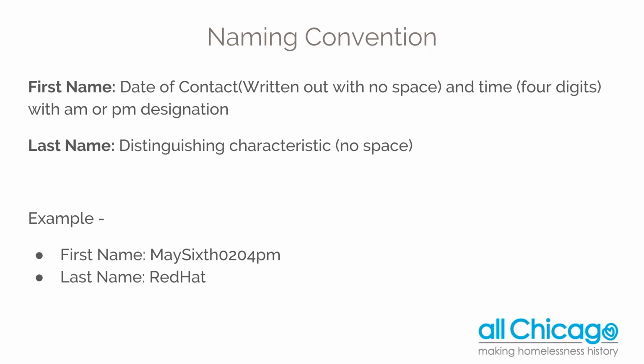And again, that does not mean that this client's name will be that forever. You're hoping to build a relationship with this person so that eventually May 6th, 2:04 p.m. Red Hat turns into James Miller or something of the sort.